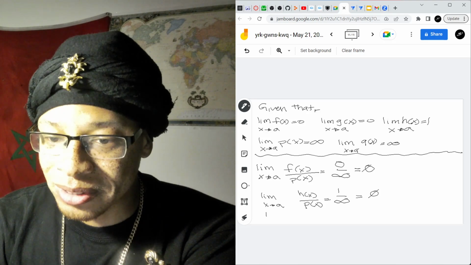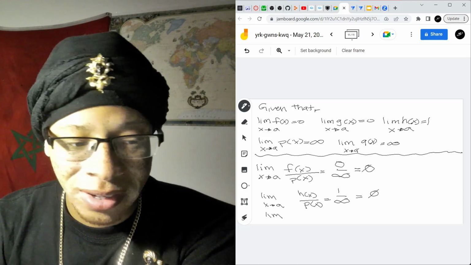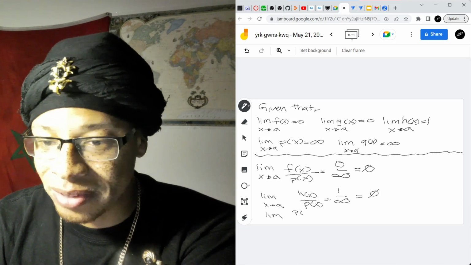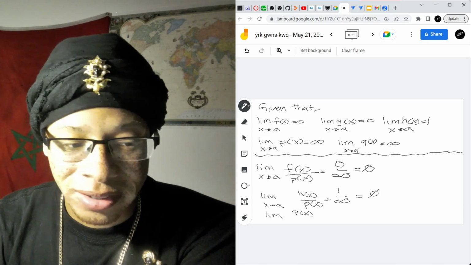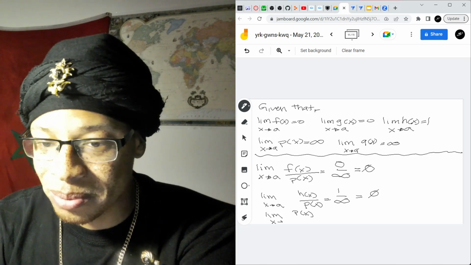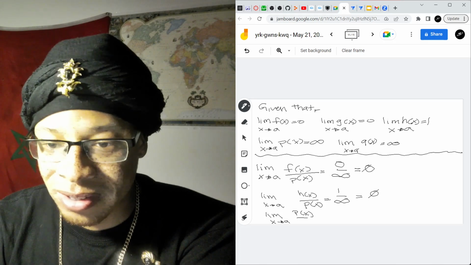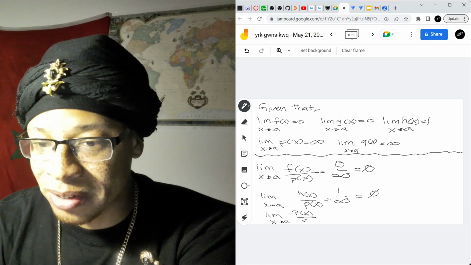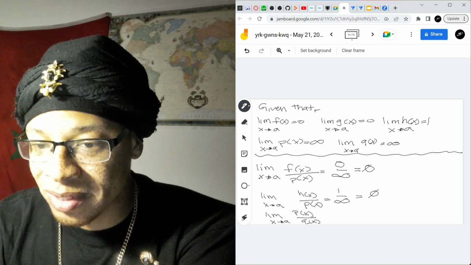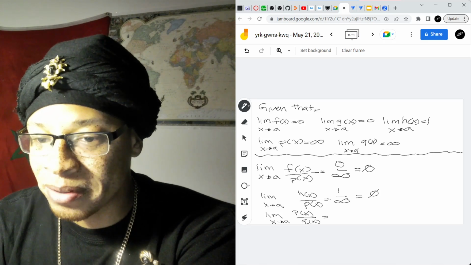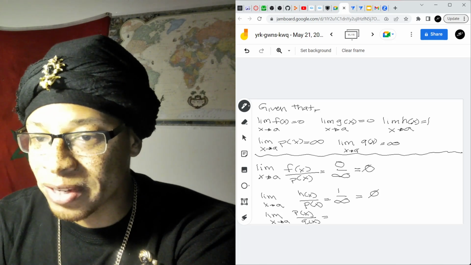Let's do one more. So the limit of p of x divided by q of x as x approaches a. The limit of p of x as x approaches a is what? P of x is infinity.